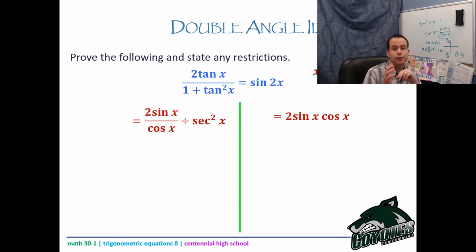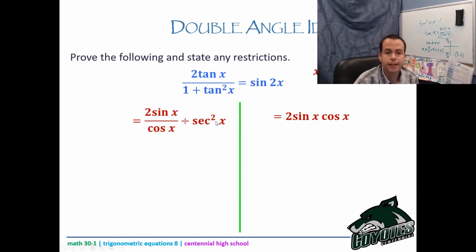Now, there are a couple things I did here, but they didn't affect each other. That's why I'm allowed to do a couple things all at once. First of all, I said, okay, tan is going to be sine over cos, so that 2 tan x that you see on the top here, I'm just calling 2 sine x over cos x, okay? And then I wrote it as a division statement, so I'm saying divided by, and then if you look at your formula sheet, 1 plus tan squared theta is actually a Pythagorean identity. 1 plus tan squared theta is secant squared theta. So I changed my 1 plus tan squared theta to secant squared theta.